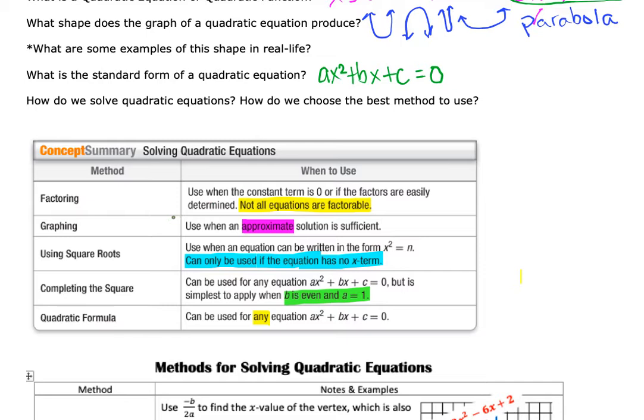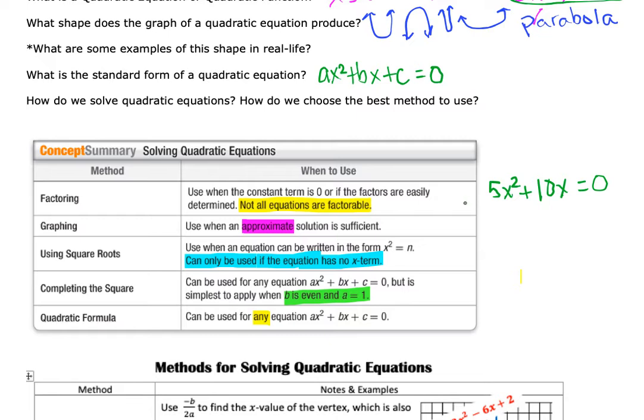And there are different reasons when you would use certain things. So factoring is usually quick and easy when the constant term is 0 or if the factors are easily determined. So if you have something like 5x squared plus 10x equals 0, right there, the constant term is 0, so this is a great one to factor.